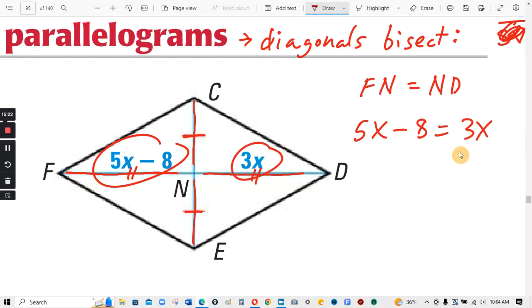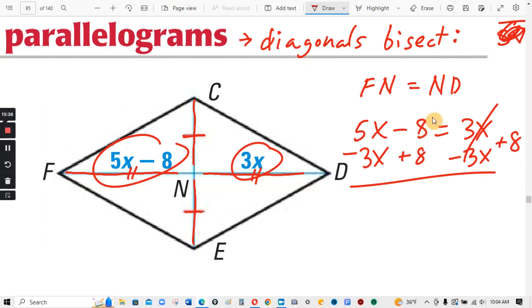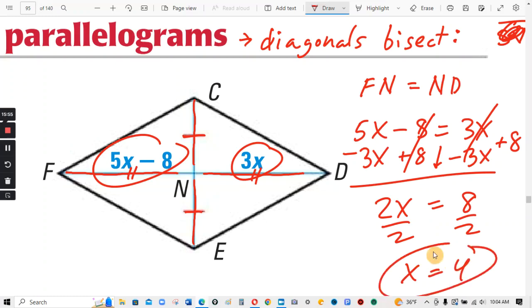You can go either way, but I want my x's over here. So I'm going to do minus 3x on both sides. 3x minus 3x cancels. The opposite of negative 8 is positive 8, so I do that to both sides. 8 minus 8 cancels. 5x minus 3x is 2x. Bring down the equal sign and we have positive 8. Dividing both sides by 2, x is just 4.